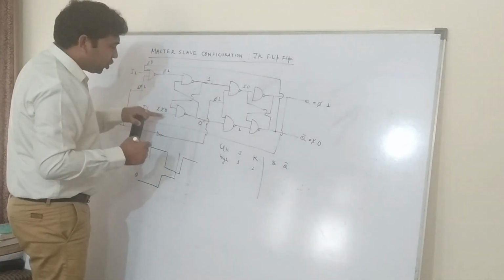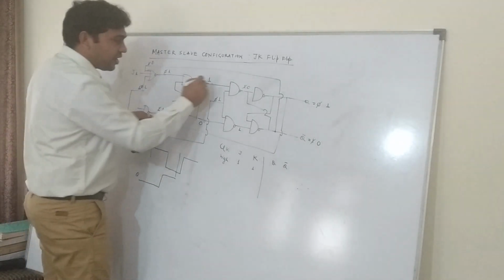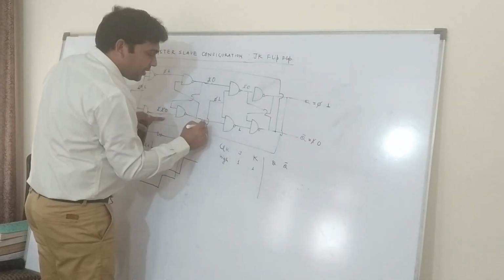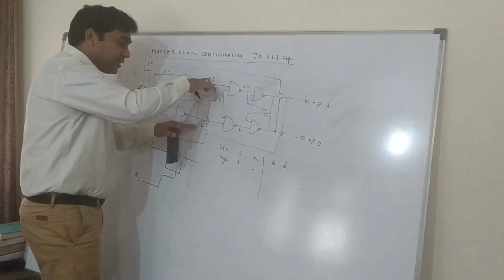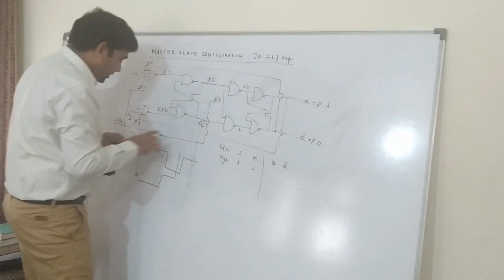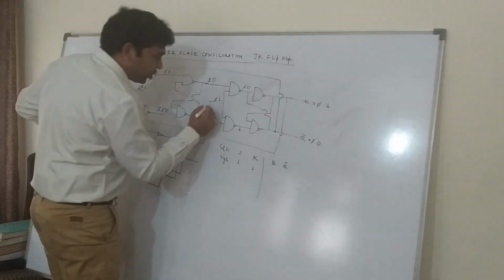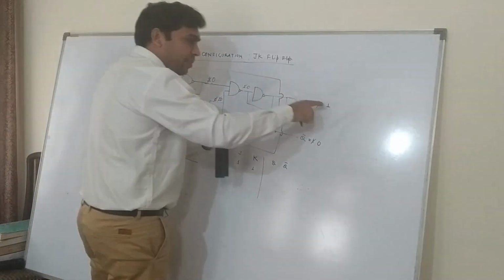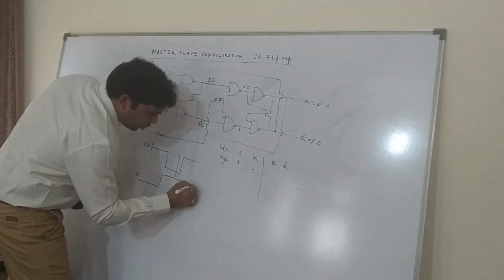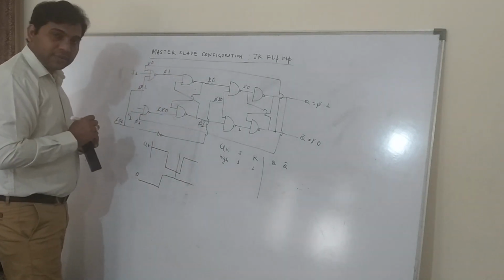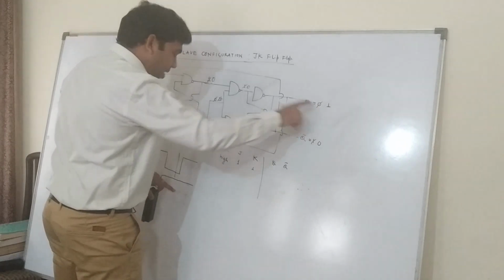You have a 1 0 here. Because of 1 0, you have the output 0 1. As soon as the clock goes high, because of the output, this state gets changed. But since the clock goes high, this will be 0. This will be in a memory state. So the output will remain 1.